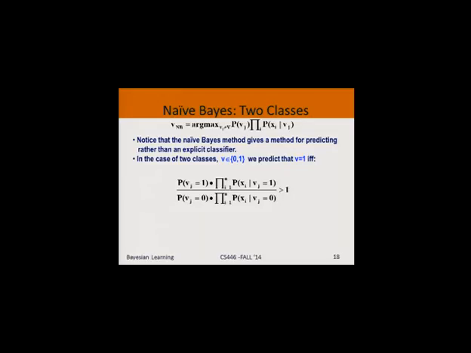I just, instead of argmax, I wrote it as a ratio. Now I'm going to do the following trick. So I'm going to denote p_i as p of x_i being 1 given v being 1, and q_i as p of x_i being 1 given v equals 0. Right? So this is just a shortcut because I don't want to carry all this with me.